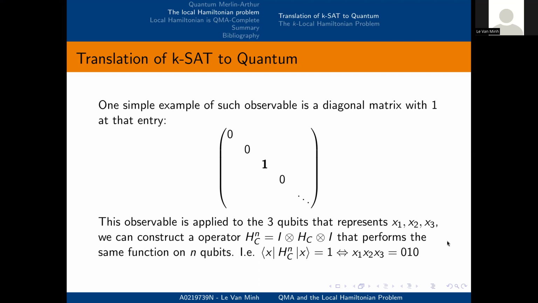And we can construct an observable HCN so that this can be applied to n qubits. But the output of the application only depends on the value of x1, x2, and x3. We can achieve it by tensoring the identity matrix on either side of HC.